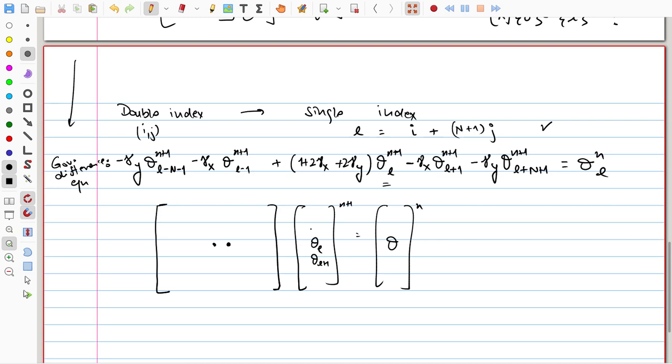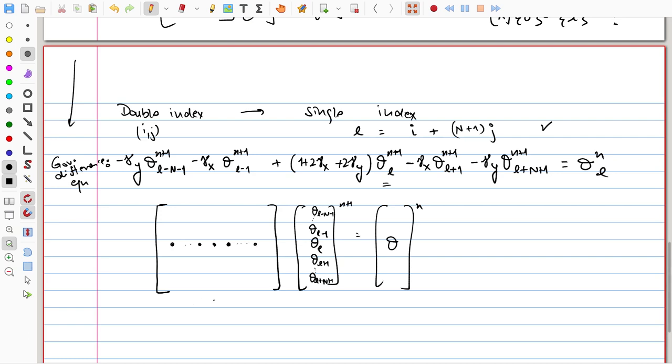Then you have theta L minus 1, but you also have theta L minus n minus 1, that will be somewhere here. So the coefficient will appear somewhere here. Similarly, for theta L plus n plus 1, the coefficient will be somewhere here.